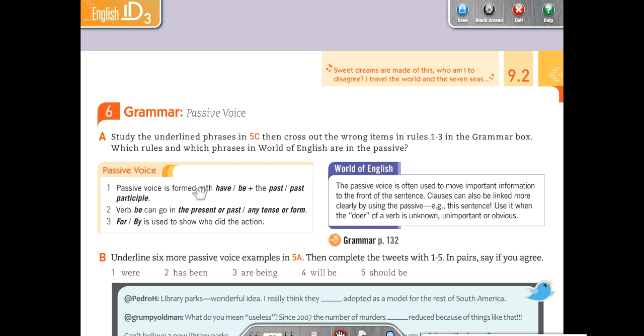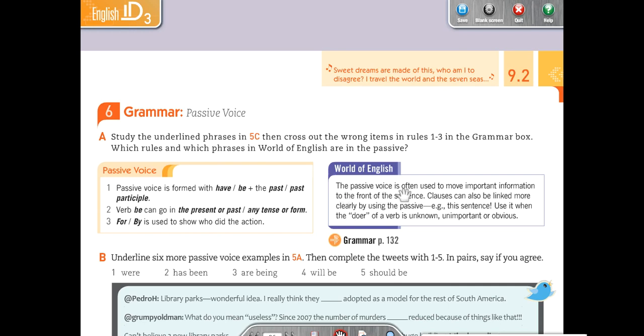Some of you, I know, can even cross out the part that is incorrect, because you already know the passive voice. Which rule and which phrases in the word of English are in the passive? Okay, so remember, we are going to read this on the previous page.